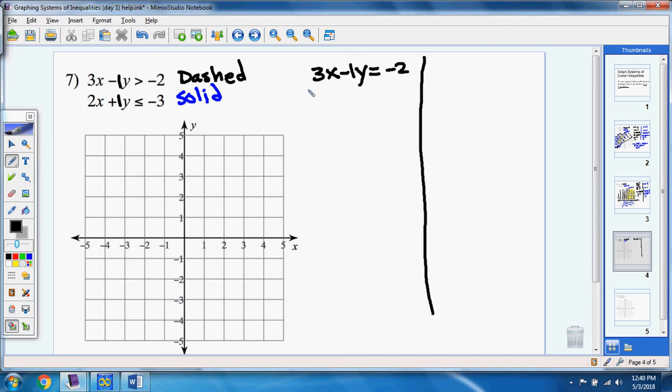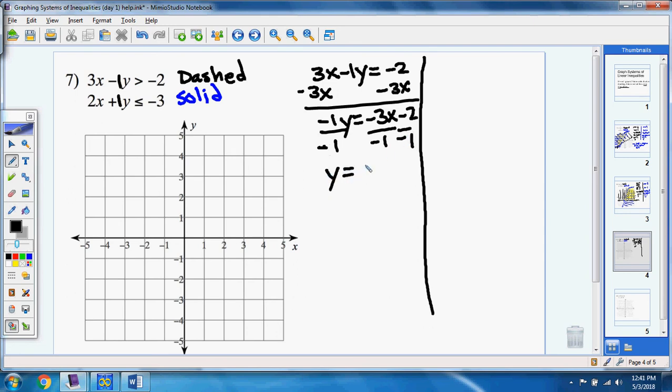So again, move the x, and divide. So it gives me y is equal to +3x plus 2. So m is equal to 3 over 1, and b is equal to 2.